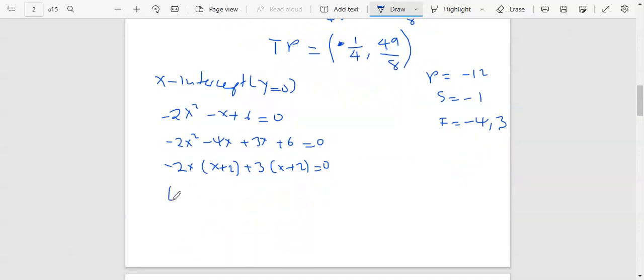So that will give us negative 2x plus 3, x plus 2 being equal to 0. So the x-intercepts, if we equate this to 0, what will be the value of x that we are going to find?